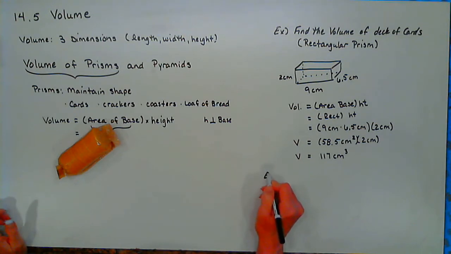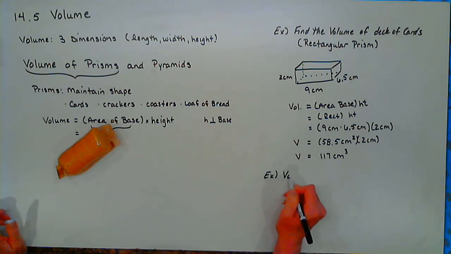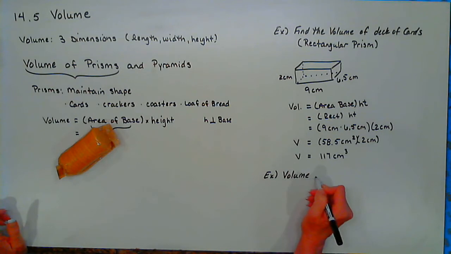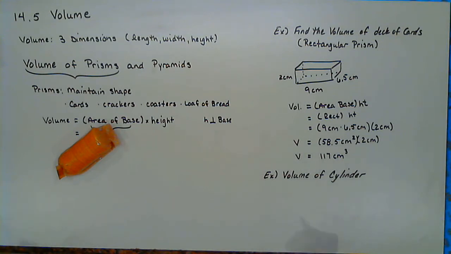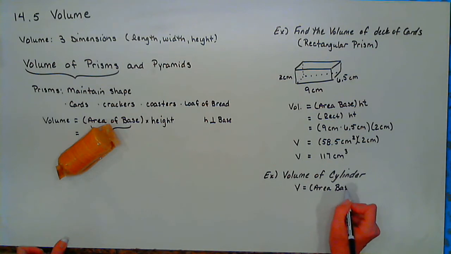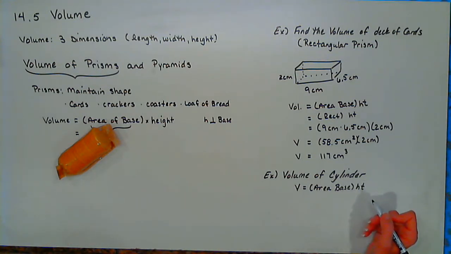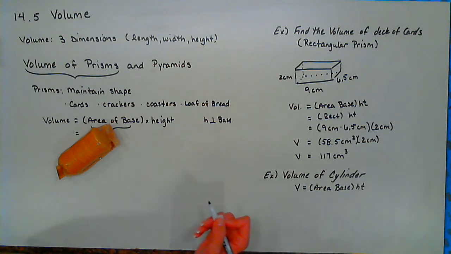So if I look at the volume of a cylinder, now you could memorize it, but why? When in doubt, just write out what we know. The volume is the area of the base times the height, as long as the base and the height are at right angles to each other, perpendicular.